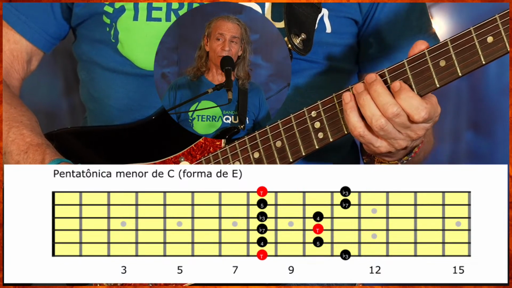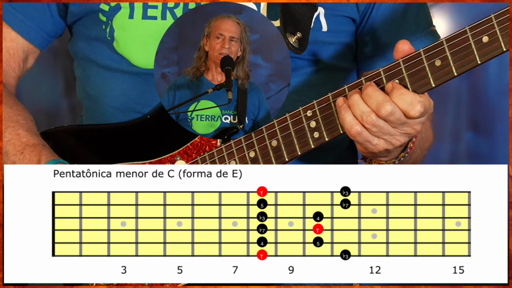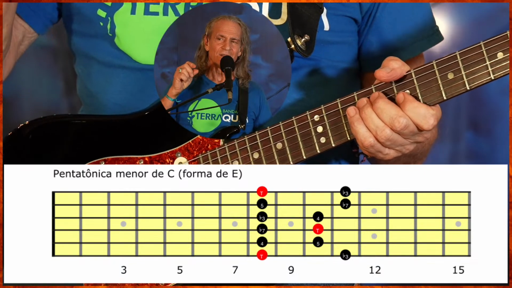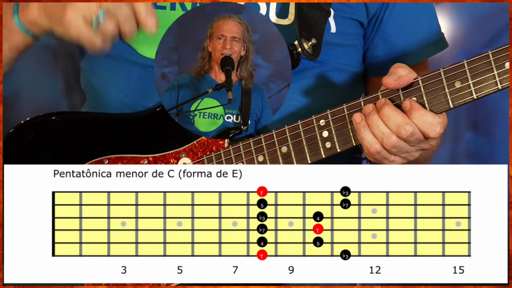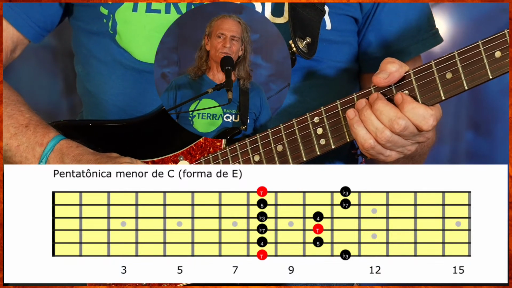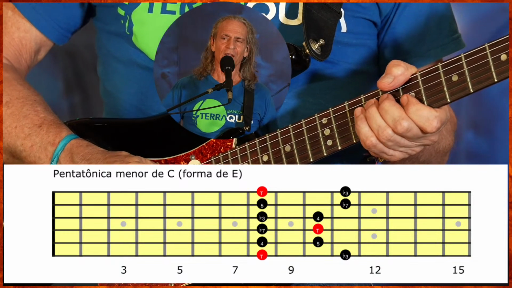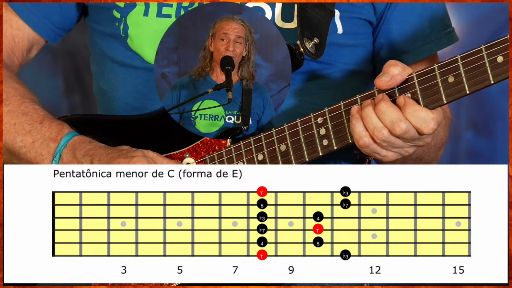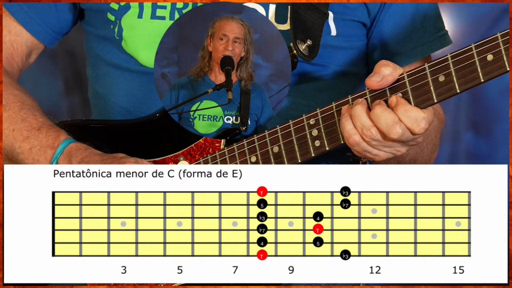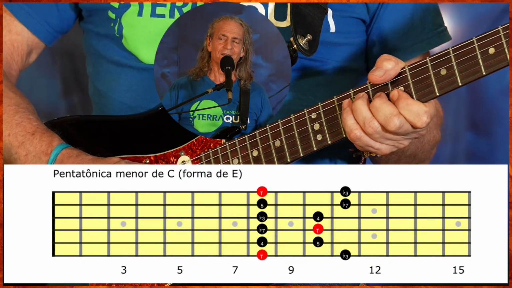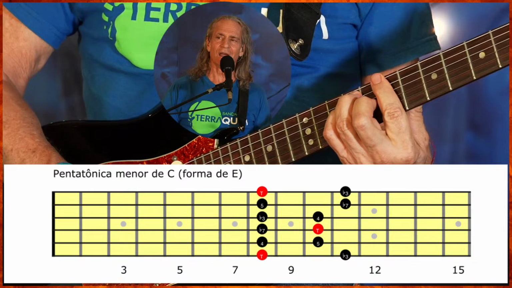Next note up, you'll see a little flat sign right before the 3, so it's a flat 3rd, the minor 3rd. If you go up to the dot on the 9th fret, now it's the major 3rd, and you've got your E chord.